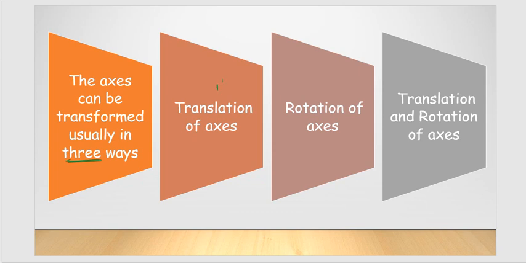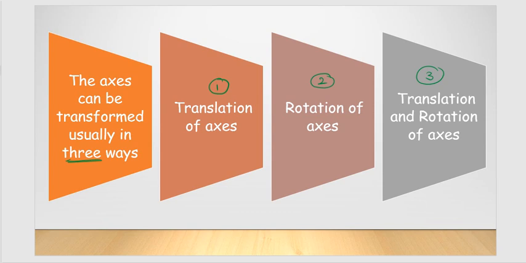The first way is translation of axis, that means changing the position of the origin of the axis. The second one is rotation of axis, that means we are going to rotate the axis. The third one is a combination of these two, translation as well as rotation of axis. We are going to discuss all three in this chapter.